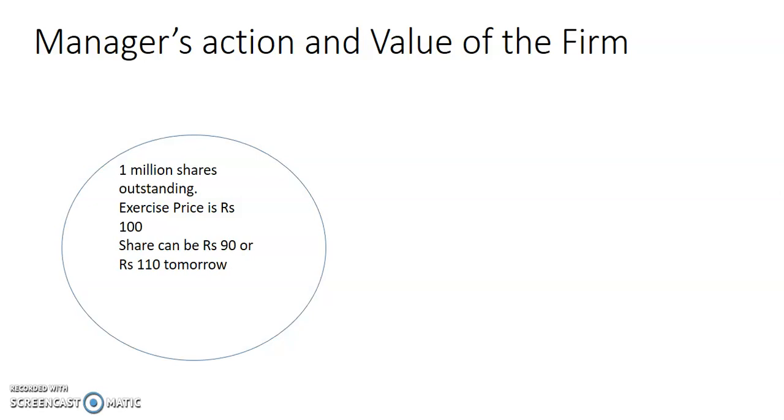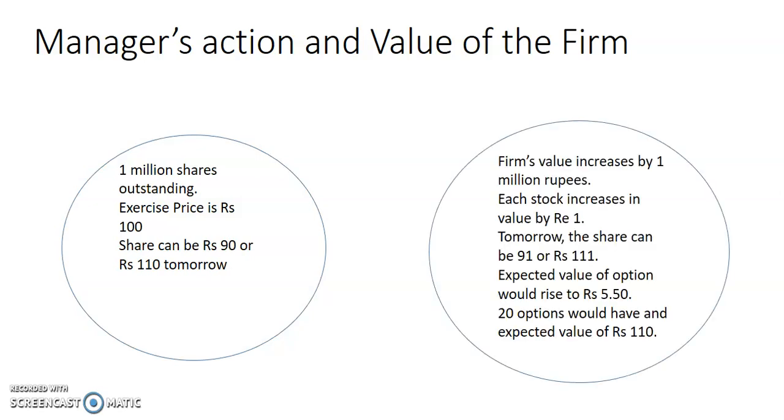And we saw how the expected value of the ESOP is going to be rupees 5 under such a scenario, and the manager can have 20 stock options to be equivalent to the stock.